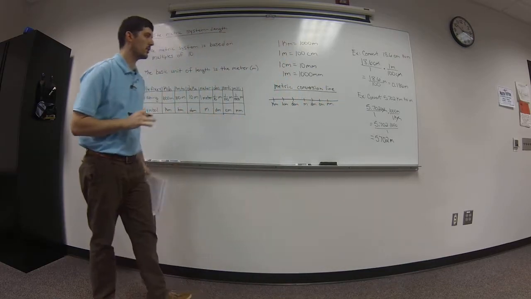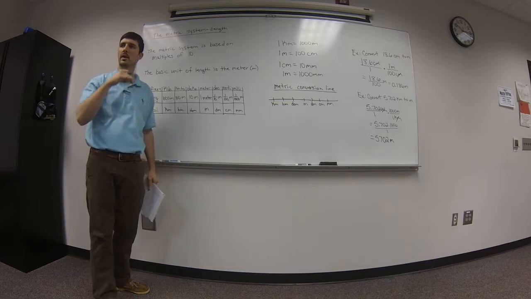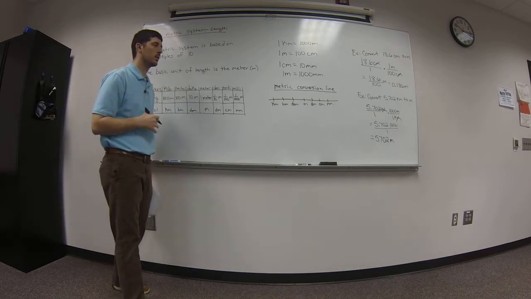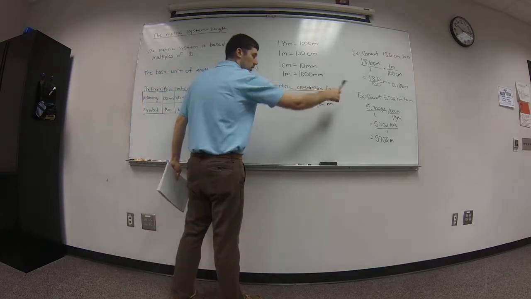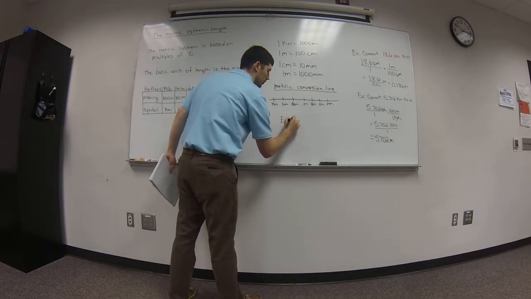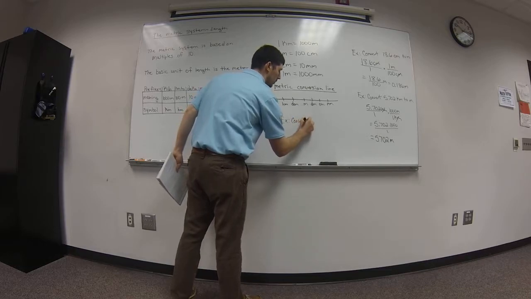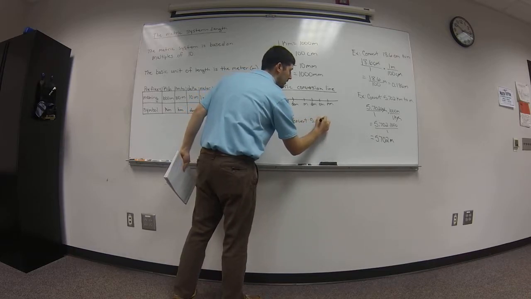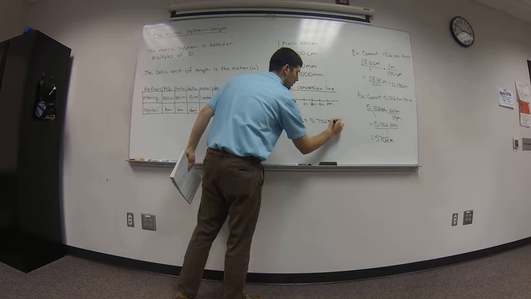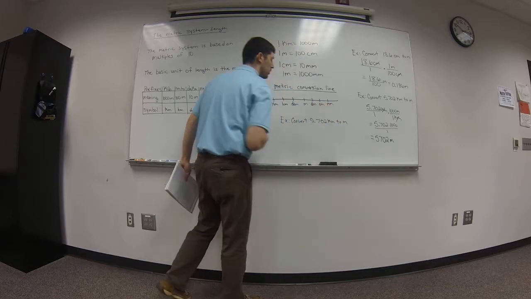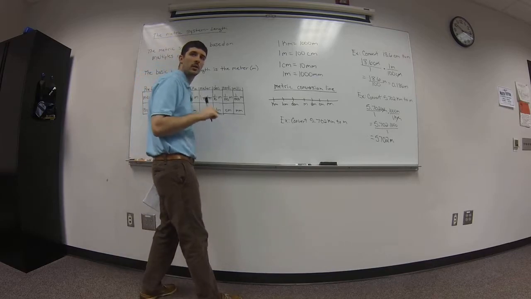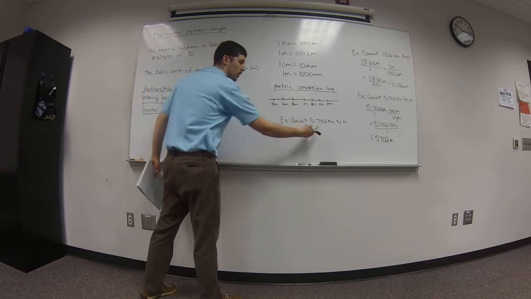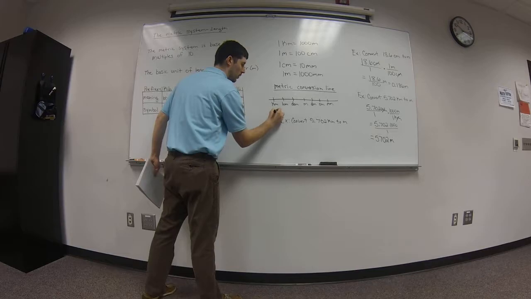This is our metric conversion line, and this is how we can use it to convert between the different units of length. I'm going to do that same example. I want to convert 5.702 kilometers to meters. The way the metric conversion line works, you start at the unit you start with in your problem. We're starting with kilometers, so I'm starting here.